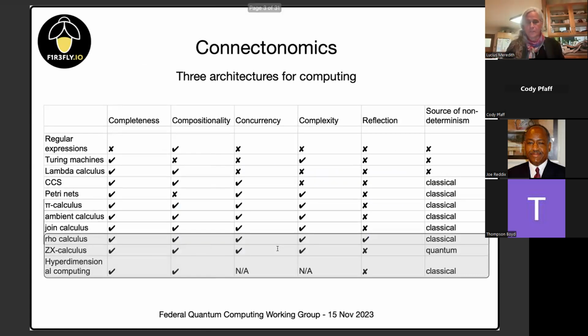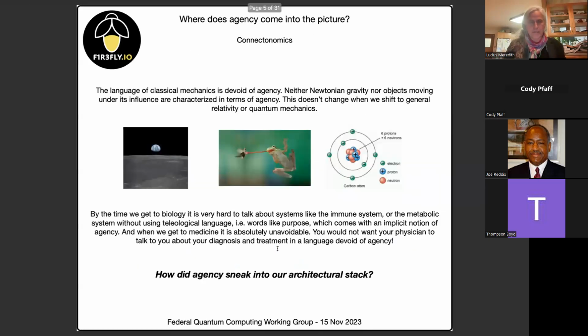In order to motivate the rho-calculus, I just want to make a couple of general observations. These are really from my own personal studies. If you study Western science, you'll notice that the language of classical mathematics is devoid of agency.